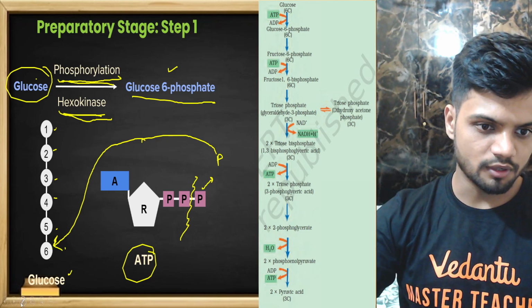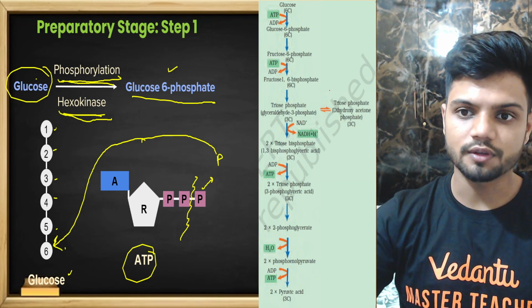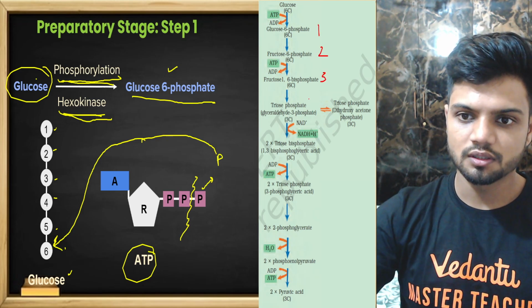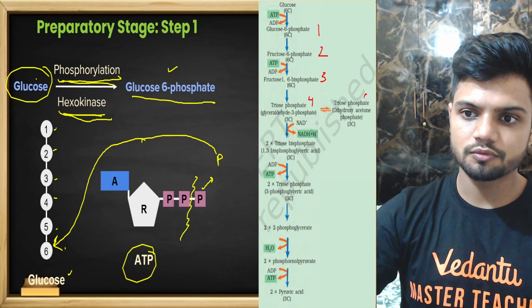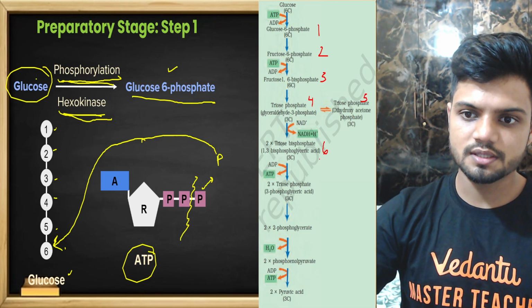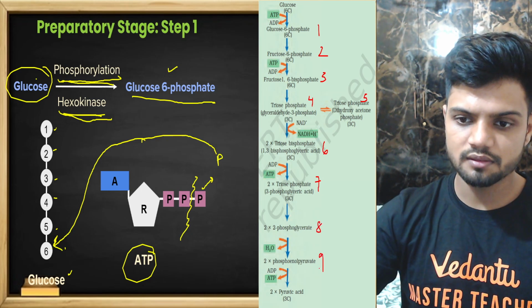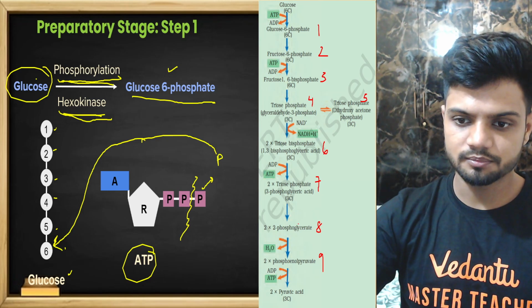I'm going to write this for you here so you can remember. First, second, third, fourth, fifth isomerization, sixth, seventh, eighth, ninth, and 10th.